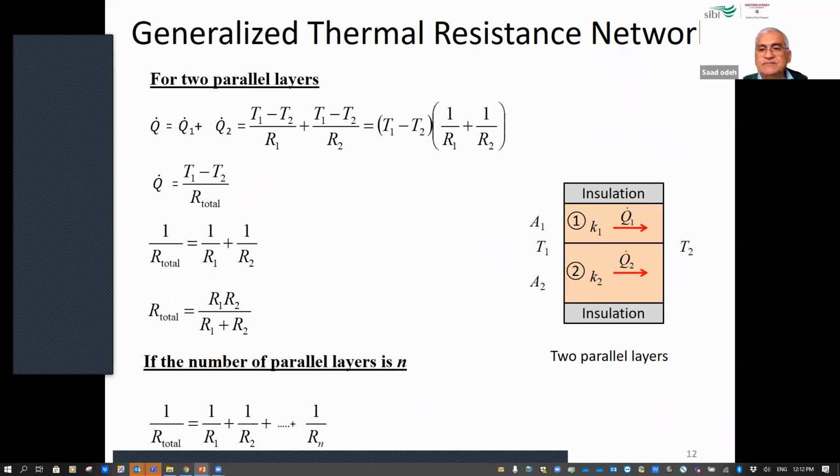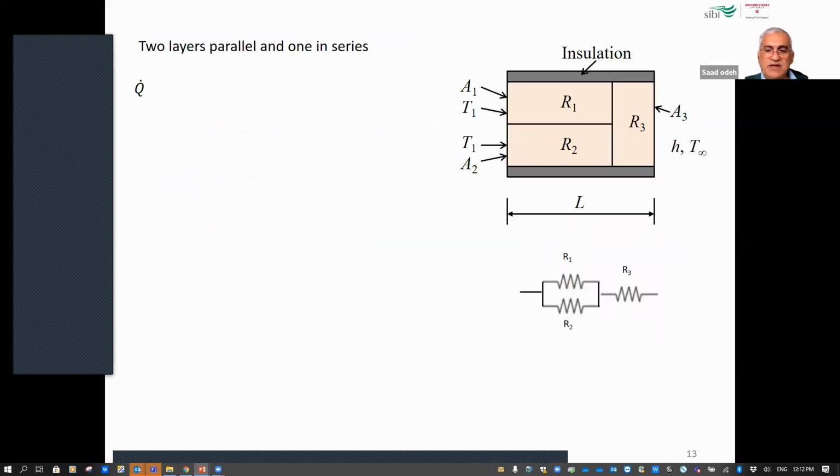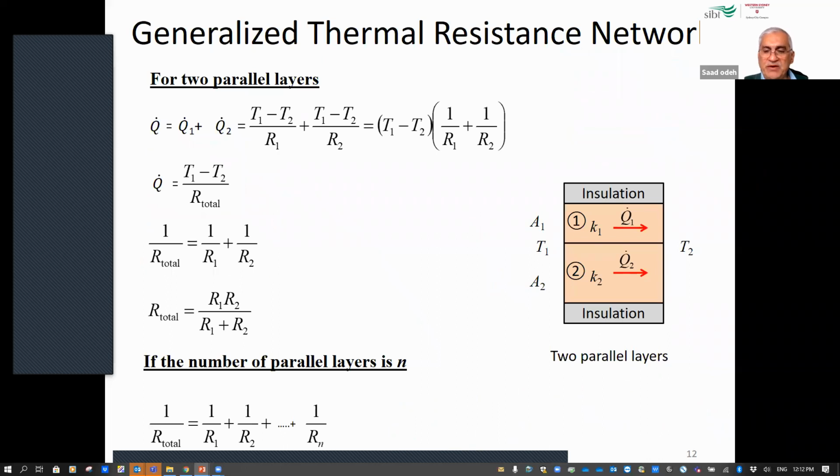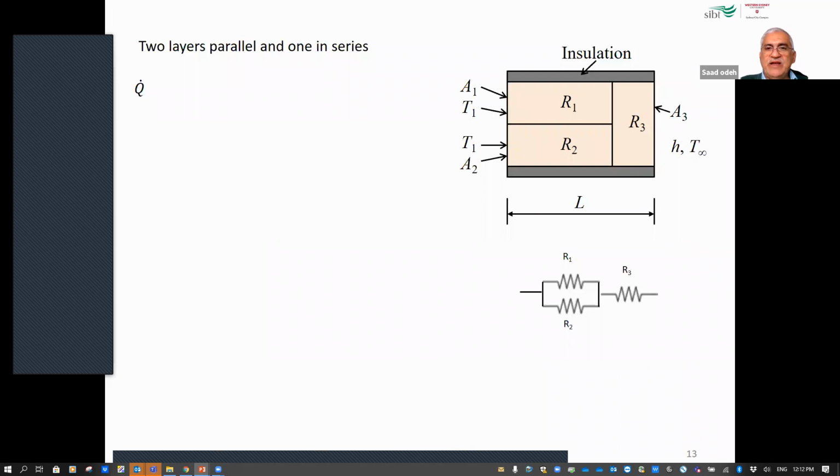So any other question? If there's no question, then we'll move to the other case. So this is the case where we have parallel. Now with a more complicated case, we have parallel and series. All right, same thing we do. We take the first part here.